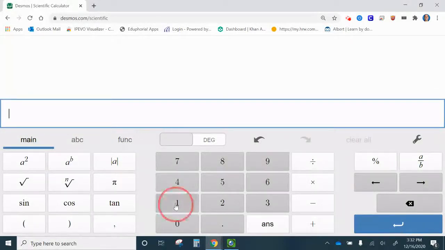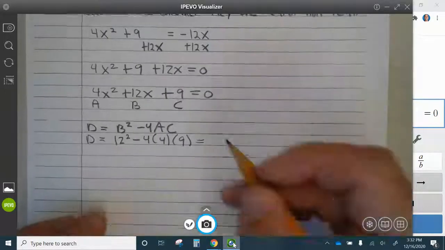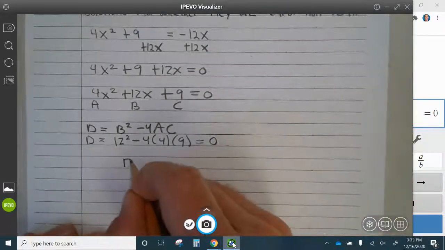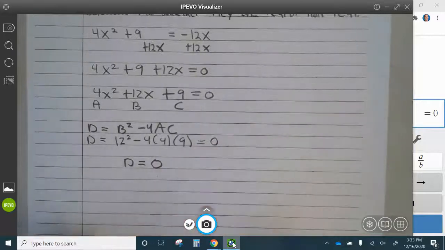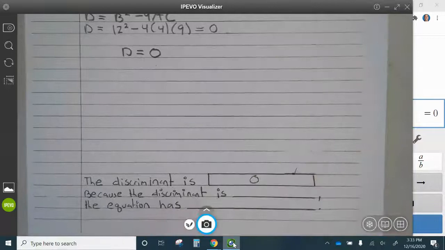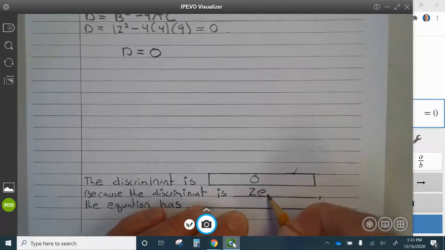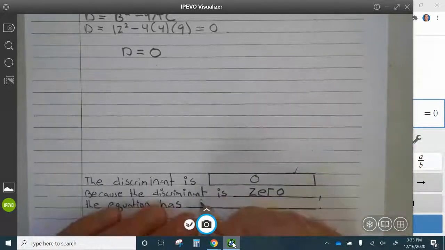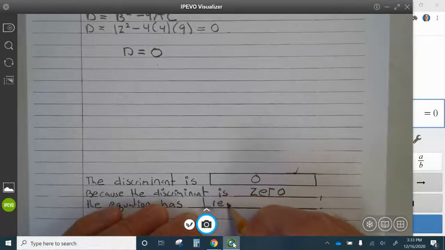So 12 squared minus 4 times 4 times 9 is 0. So this equals 0. When the discriminant equals 0, because the discriminant is 0, the equation has one real solution.